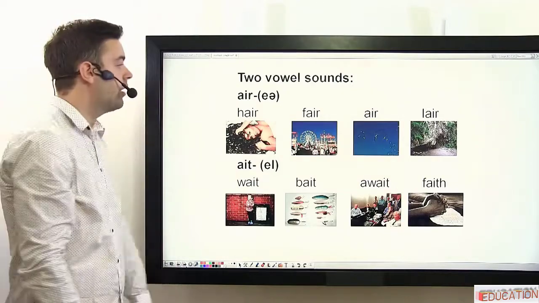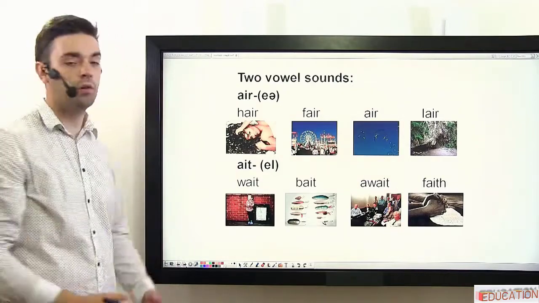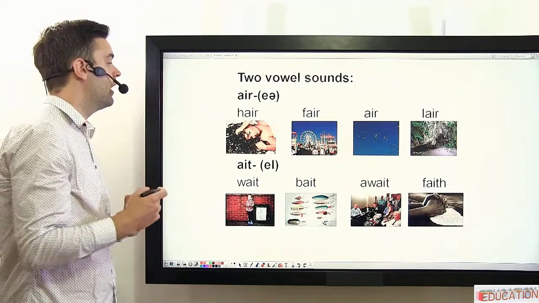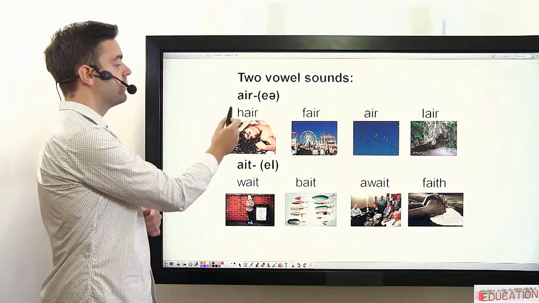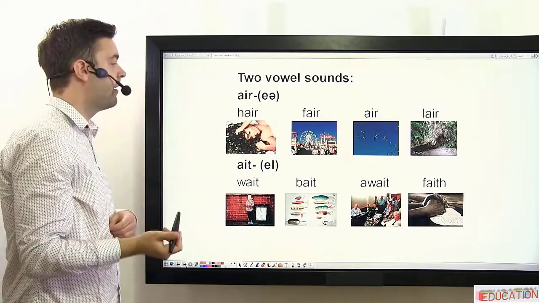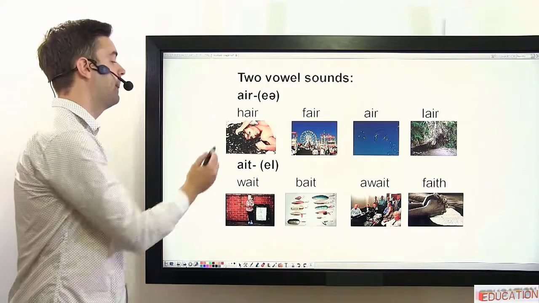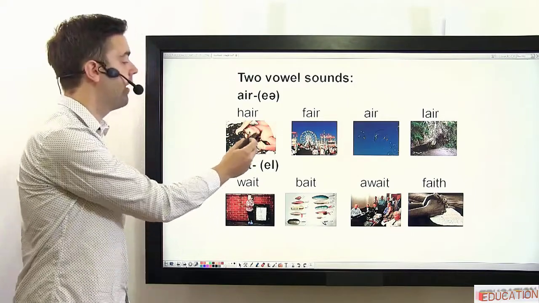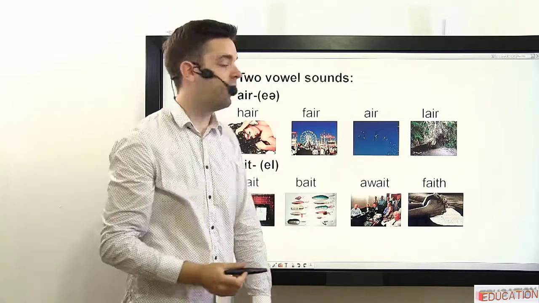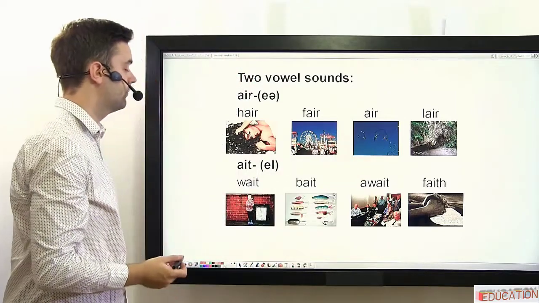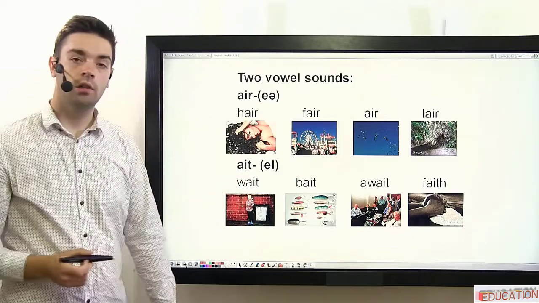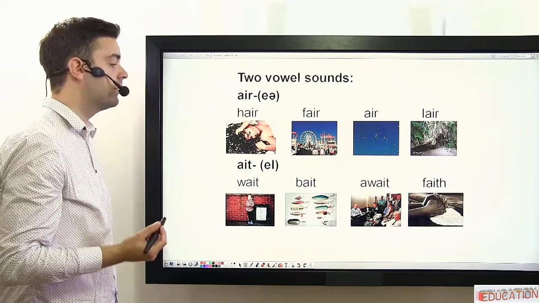Okay, so when we've got more than one vowel sound in a word, you get more complex ones, such as A-I-R is air. So hair, fair, and lair. When we join A-I-T, you get an 8 noise.